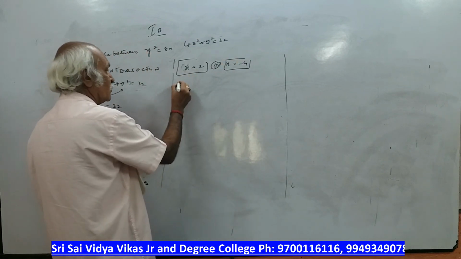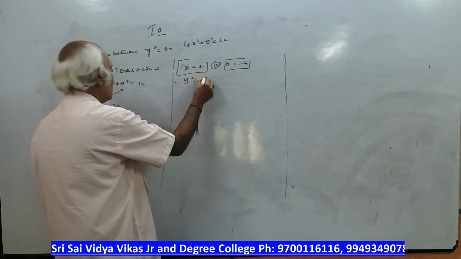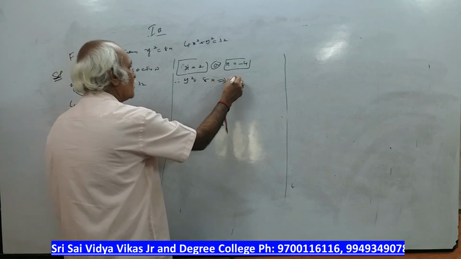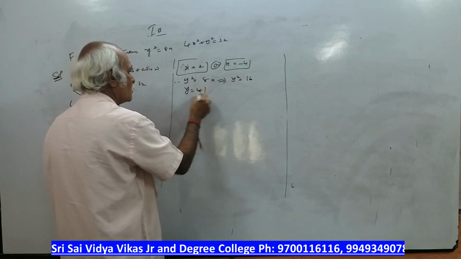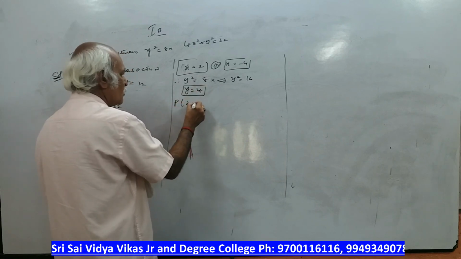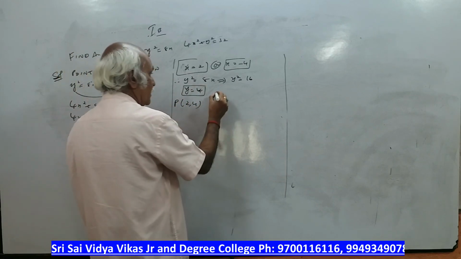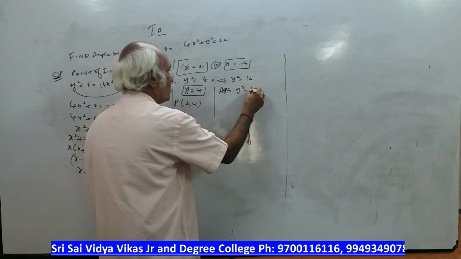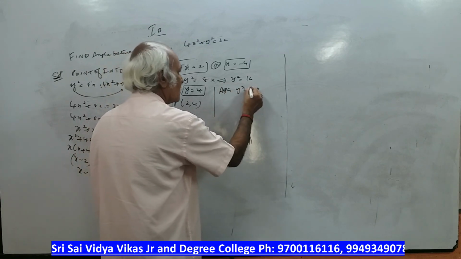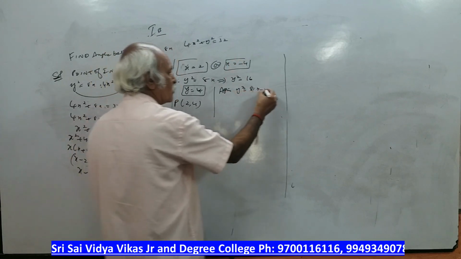So we got x is equal to 2, therefore y square is equal to 8x. So y square is equal to 16, y is equal to 4. So what is the P point? 2 comma 4. Again I am writing here. Y square is equal to 8x. I am putting minus 4. So it becomes what?